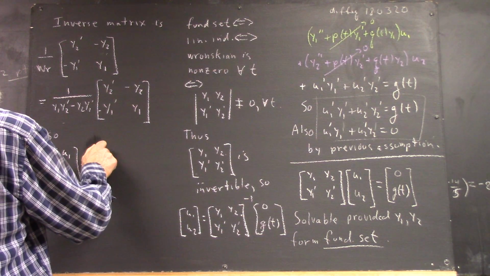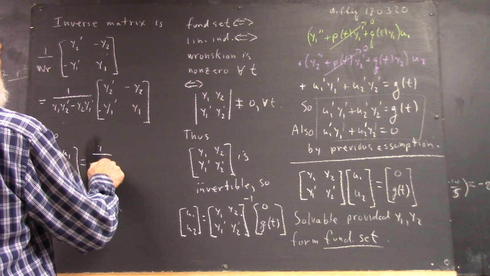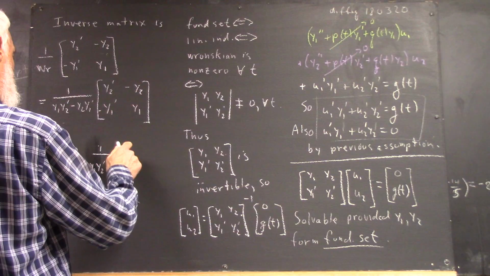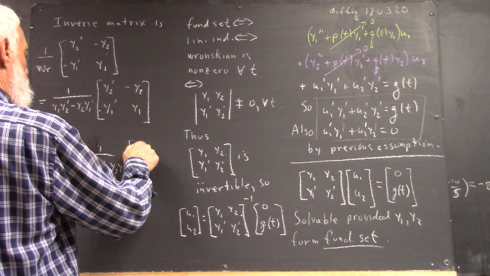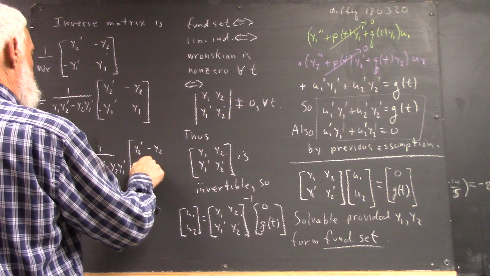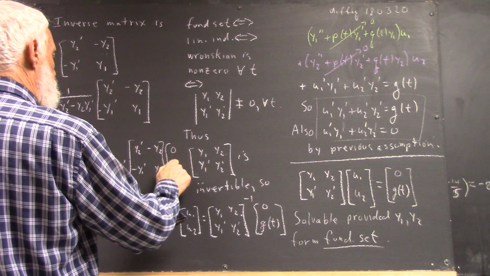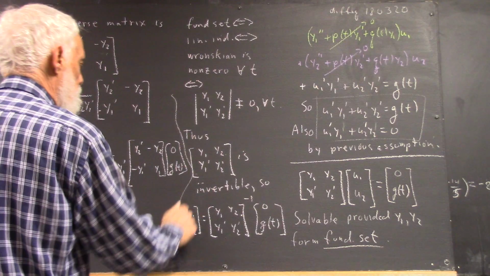It's 1 over y1 y2 prime minus y2 y1 prime, times your y2 prime, negative y2, negative y1 prime, y1, times 0 and your t column vector.